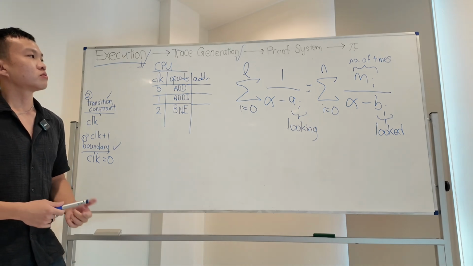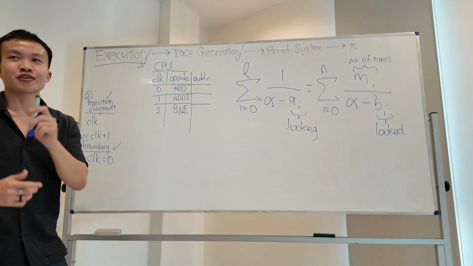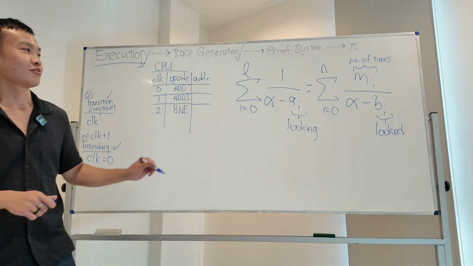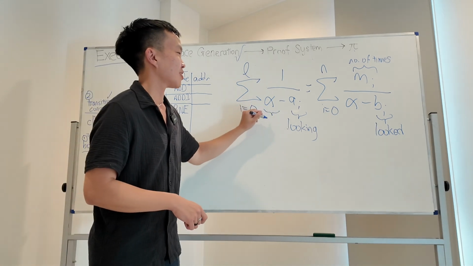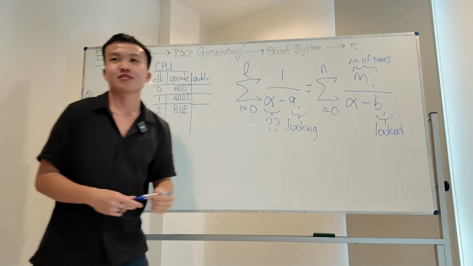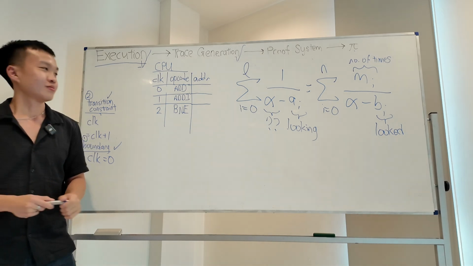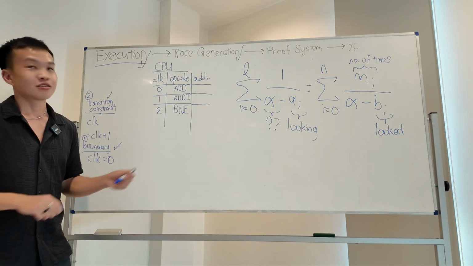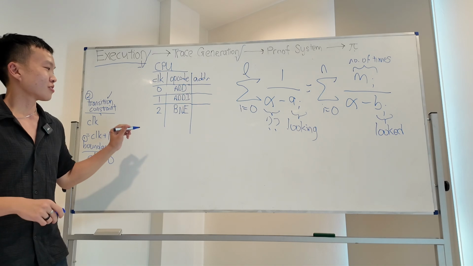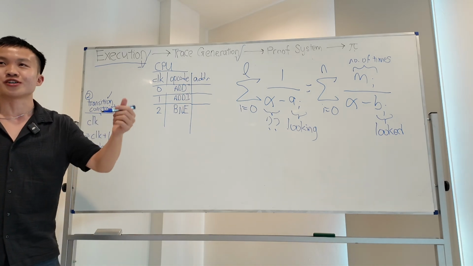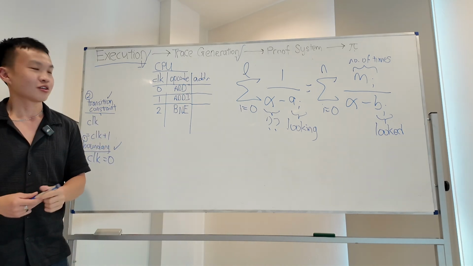And then you might think, hey, where did this alpha come from, right? What is this? That's actually part of the Fiat-Shamir heuristic that we're doing.